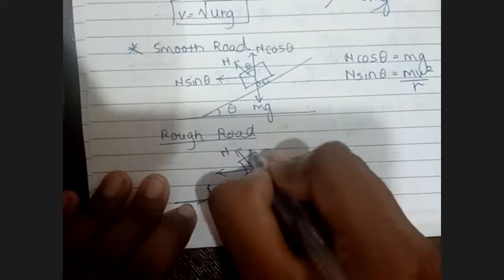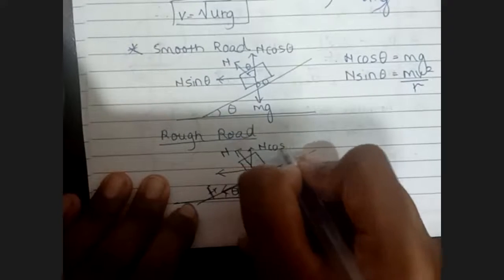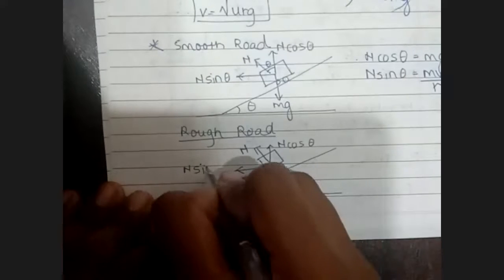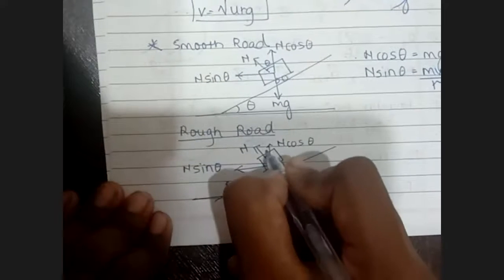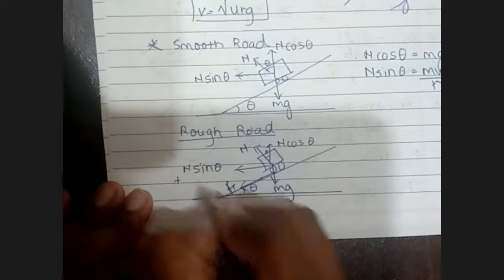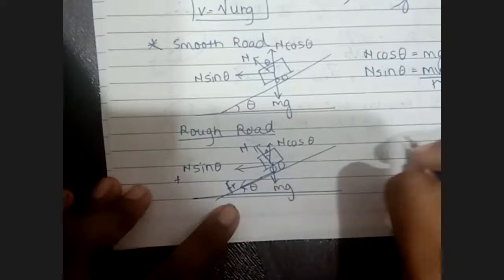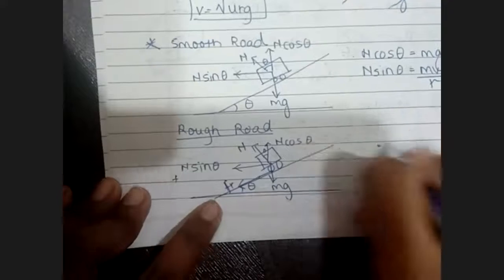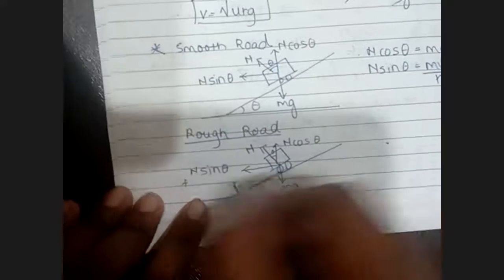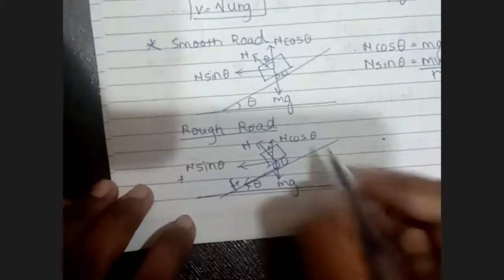So this will be n cos theta. Here it will be n sin theta plus friction component. In this, the friction will also be divided into components.